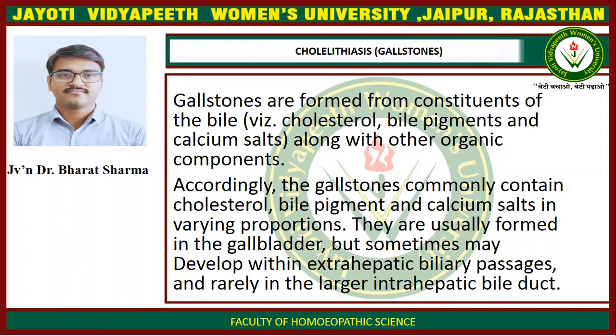They are usually formed in the gallbladder, but sometimes may develop within extrahepatic biliary passages and rarely in the large intrahepatic bile duct. Almost always gallstones develop in the gallbladder, due to changes in the concentration of bile constituents, which can cause the development of gallstones.